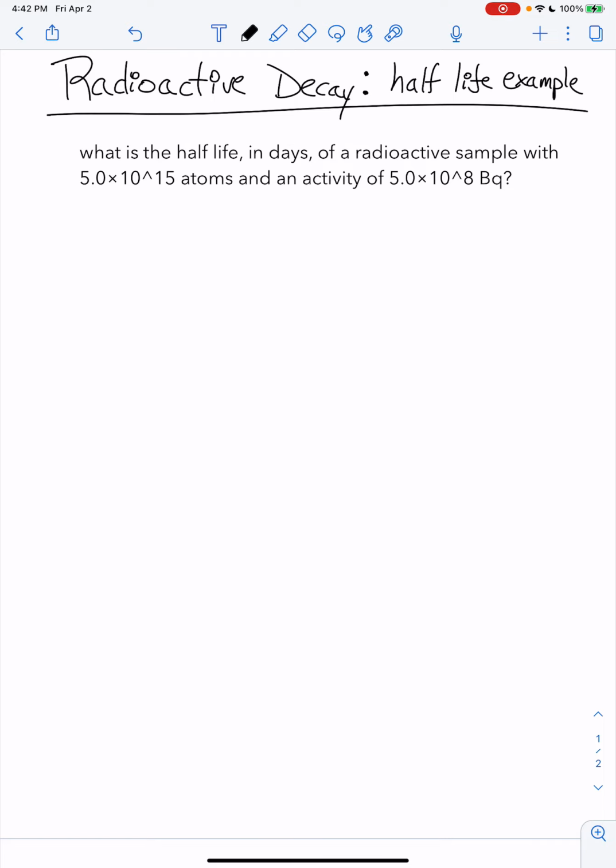Let's just remember a few things. So recall that activity is equal to R, and that is the decays per second.